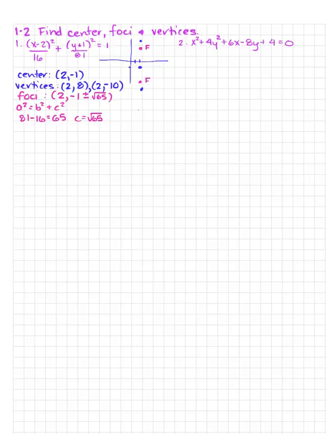On the second one, we're going to have to complete our square first. So you should be getting good at this. So x squared plus 6x plus 9, plus we have to factor out that 4, y squared minus 2y plus 1 equals -4 plus 9 plus 4.